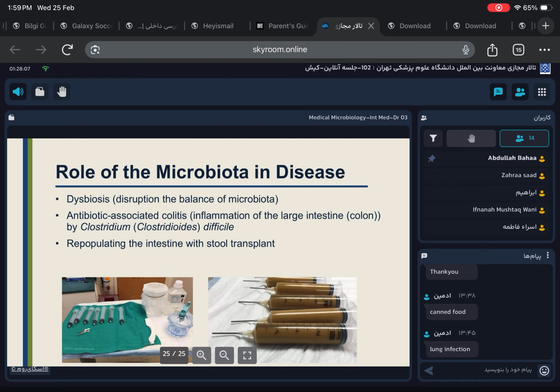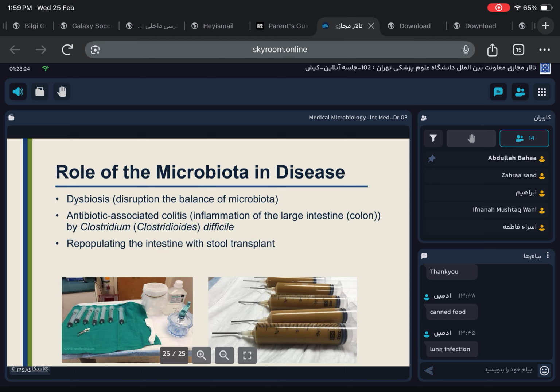And if this happens, it means that now there aren't a very large number of microorganisms in the intestine to fight back against this pathogen, which is Clostridioides difficile.